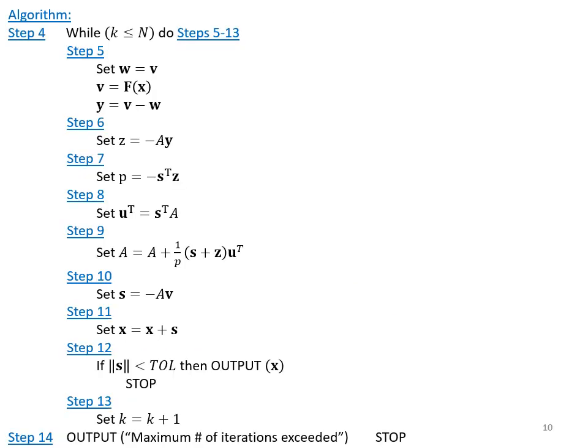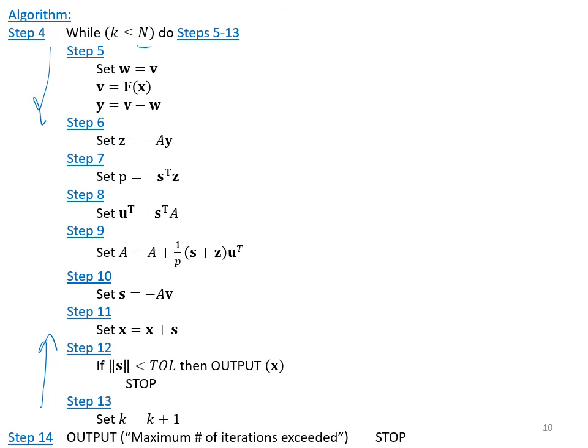In step number 4, we start our loop. While K is less or equal than the maximum number of iterations n, we should do steps from 5 to 13.